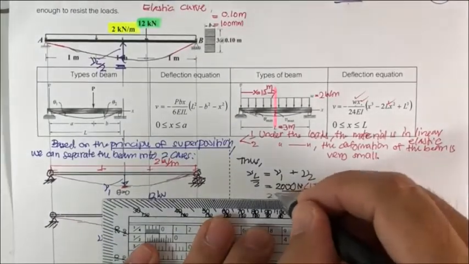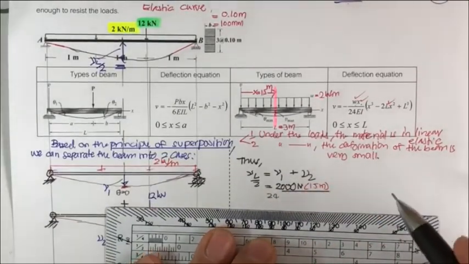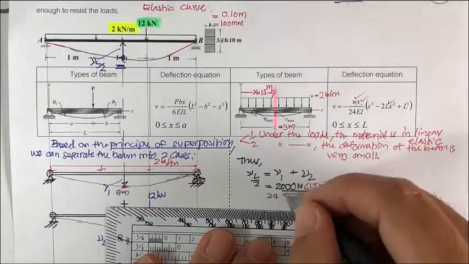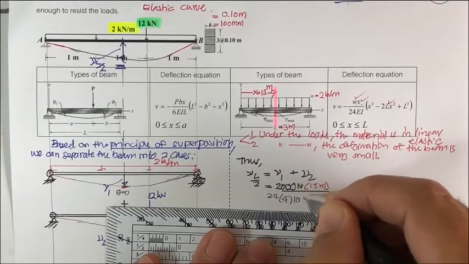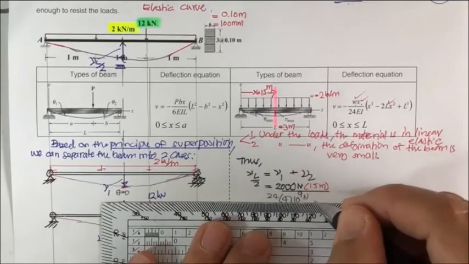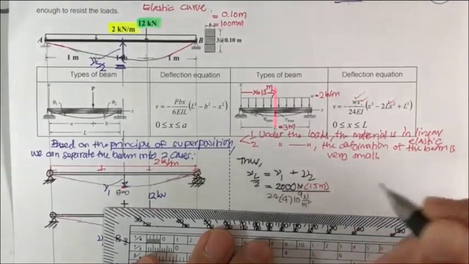E is 4 gigapascal, so it's 10 to the power 9 Newton per meter square.